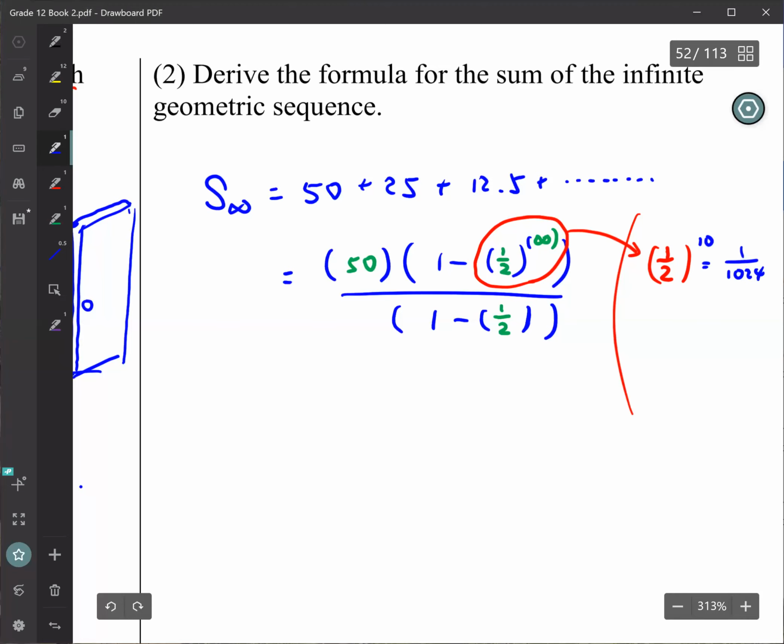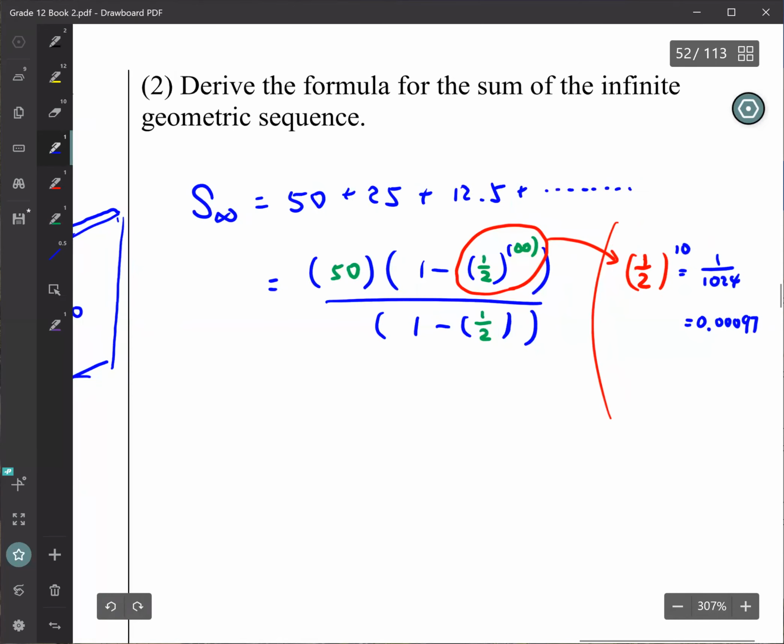And decimal: 0.0009765625. It looks like it's really tiny, right?